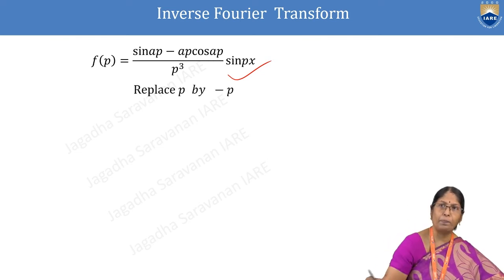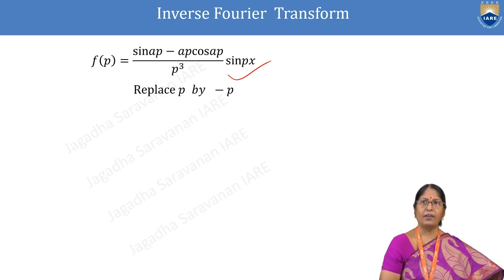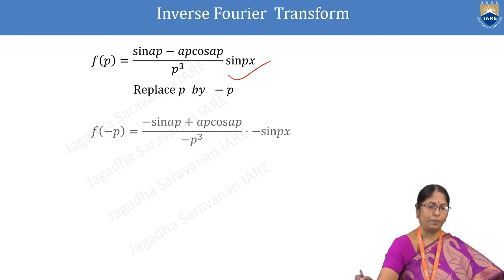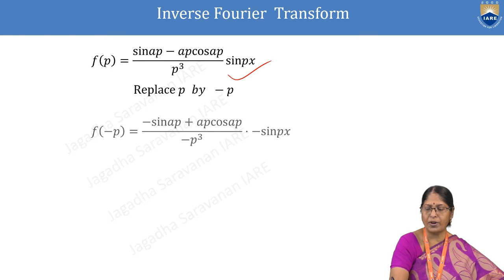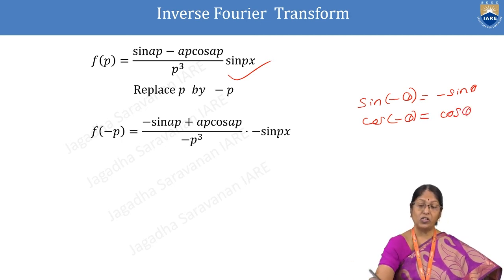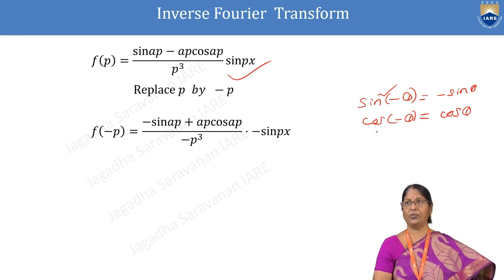We are going to replace p by minus p, that is, wherever p is there, it is replaced by minus p. We know the trigonometric sine of minus theta is minus sine theta, whereas cos of minus theta is cos theta. The changes will be there for sine, whereas for cos there is no change.